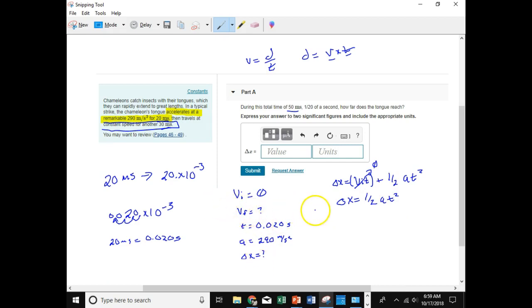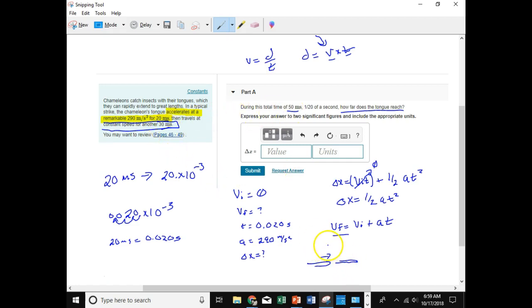And at that point, there are a lot of equations that can find VF. For instance, VF is equal to VI plus at. That would do it. So once you know VF and you know delta x, the question is how far does the tongue reach? Well, you know VF, so you can plug that in right here, because the final velocity of the tongue coming out is going to be the same as the velocity when the tongue is going through the uniform motion part.